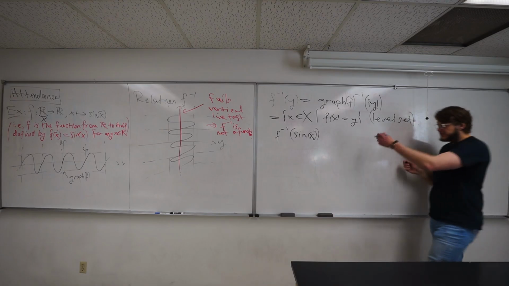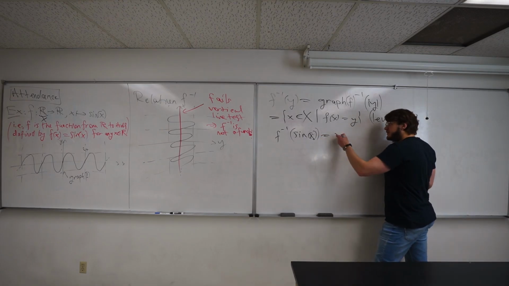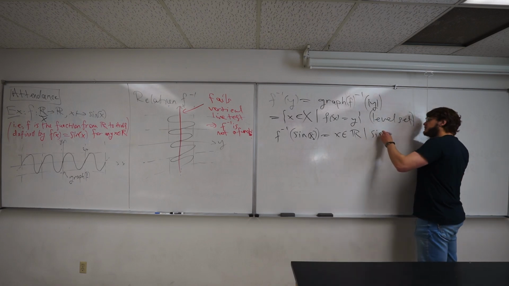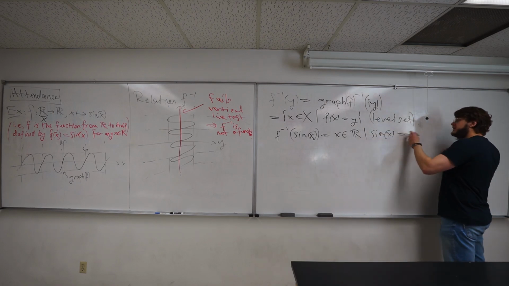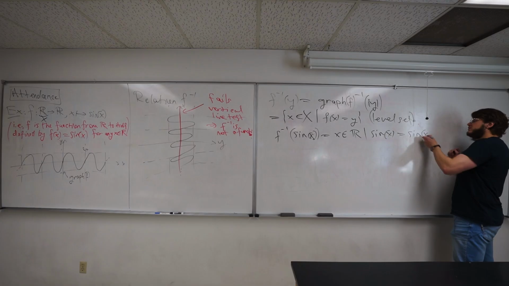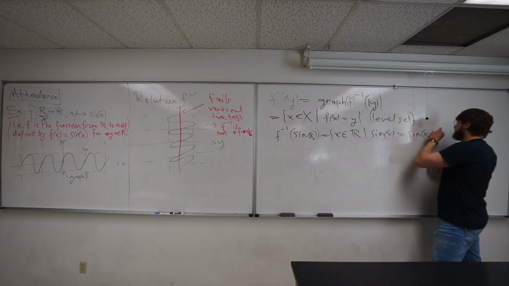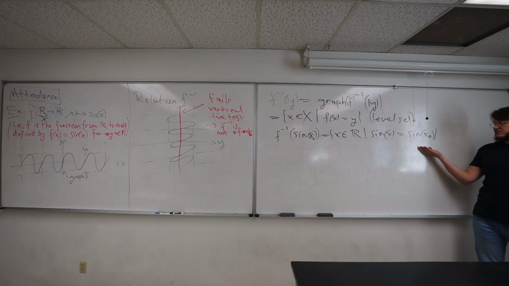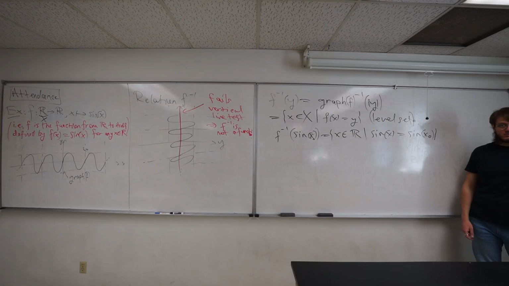Opening this up, this is the set of all those x's, real numbers, such that sine of x equals sine of x0. And of course, if you want to be a little bit more clear as to what this specific level set means, this is nothing but 2 pi translates of x0, because sine is periodic.